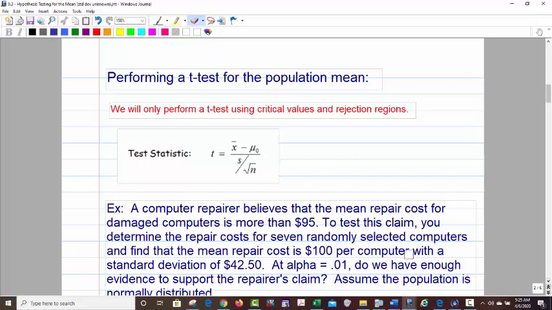The test statistic is pretty much the same for T as it was for Z. The only difference is they have the sample standard deviation S instead of sigma on the bottom, but it's exactly the same. So we do pretty much the exact same process as for Z. You just get your critical value differently than you did for the Z. Everything else is the same.